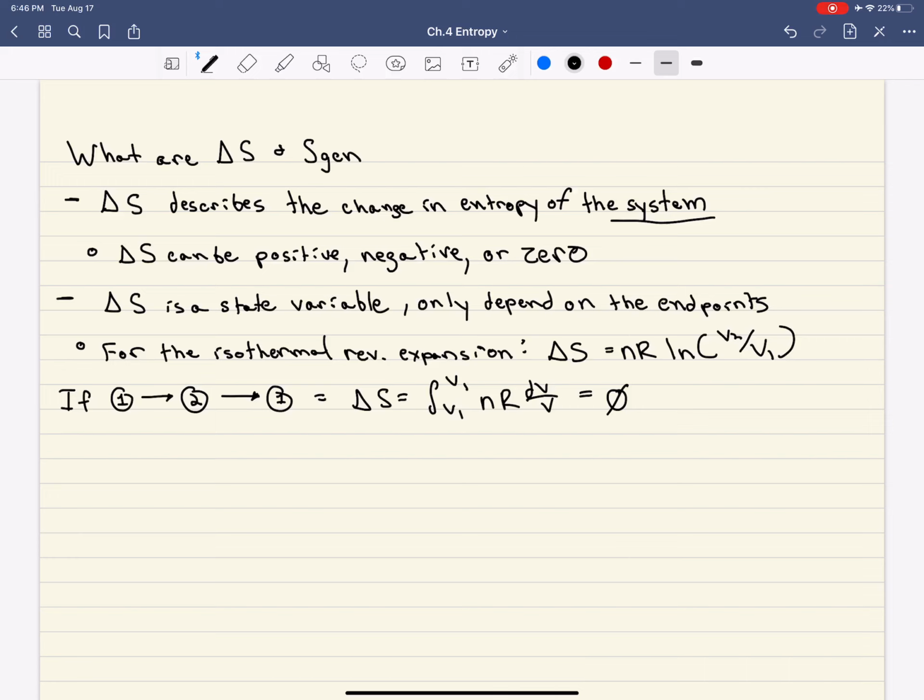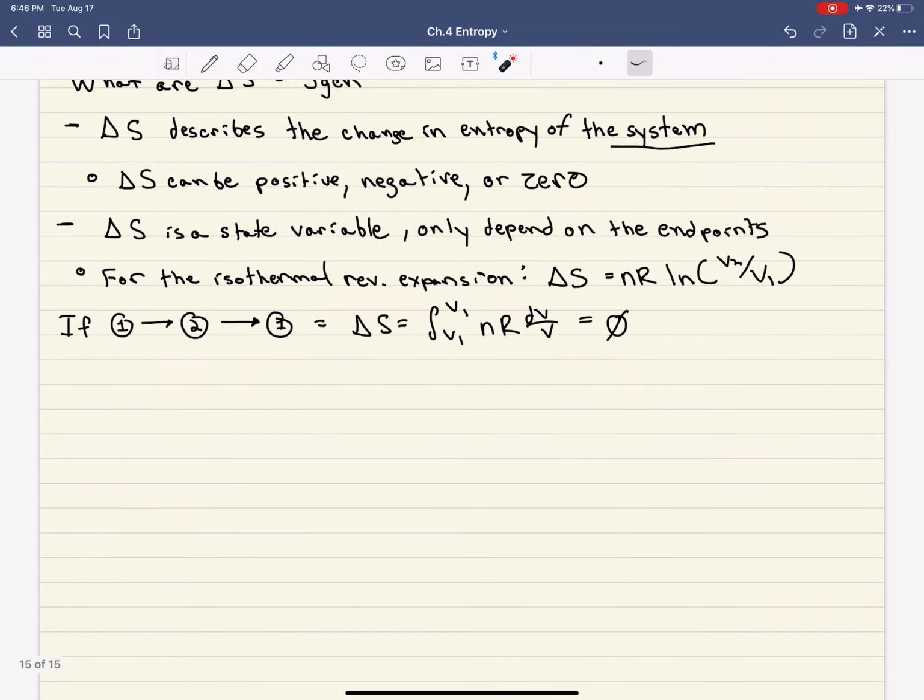That's what I mean by state variable: your delta S is only affected by the properties of the initial and final state. It doesn't matter how it gets to those initial and final states. Okay, so that's delta S.